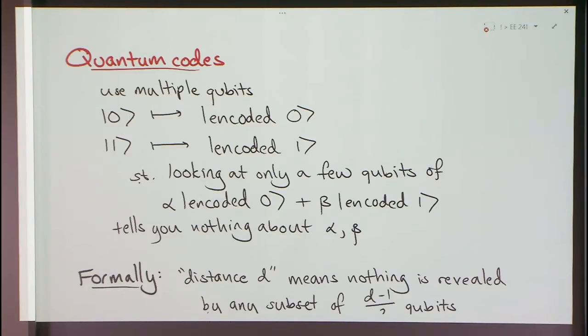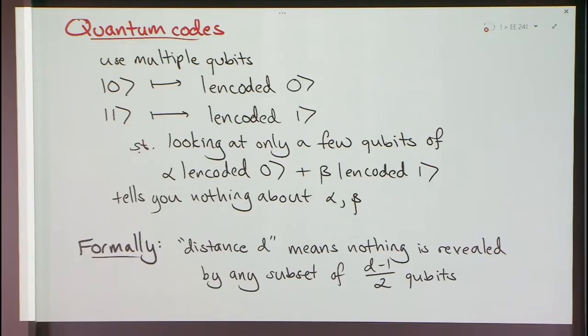In other words, it should not collapse the encoded quantum state at all, and therefore, in principle, it's recoverable. You haven't lost any information. And I guess that's essentially the formal definition of what a quantum error correcting code is.